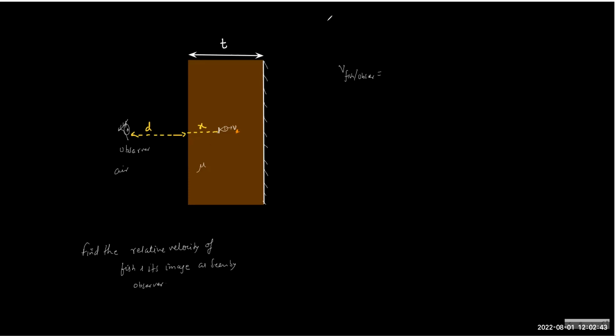I'm trying to show you from very basic, which is not required. So what is the distance of the fish with respect to the observer? You can write d plus x by mu. So what is the rate of change of this?